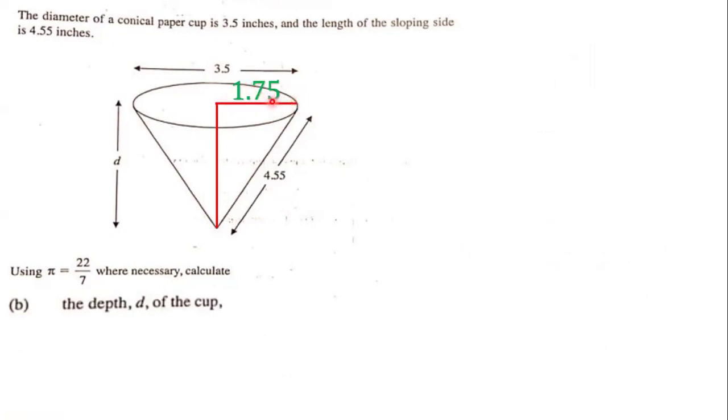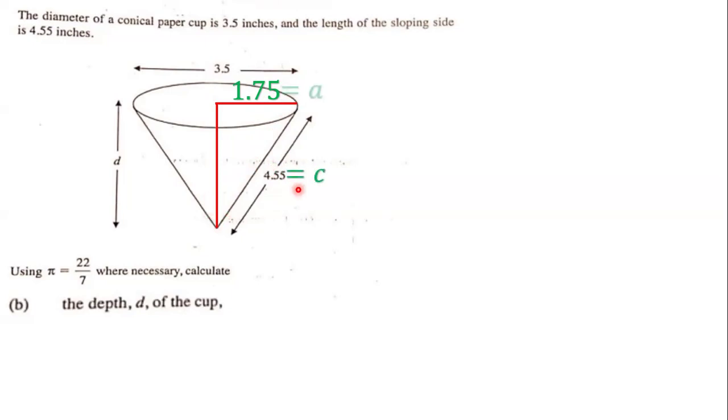We have this sloping side, and the measurement of the sloping side is 4.55. All we need to do is figure out what is this length. So essentially we have a right angle triangle, and we know what is this side, we know what is this side, and we need to figure out what is this side.